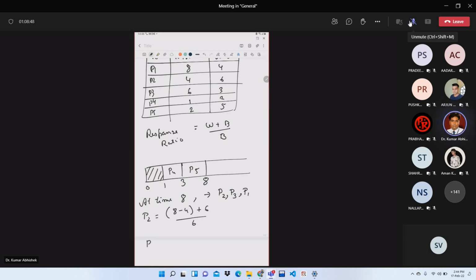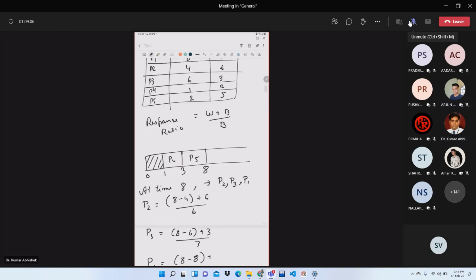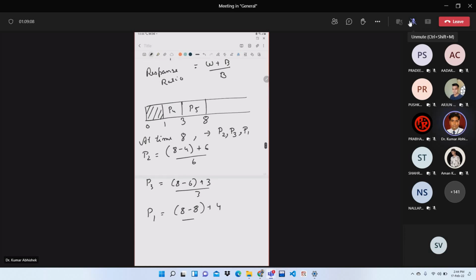Then P3: 8 minus 6 plus 3 by 3. And P1: 8 minus 8 plus 4 by 4. So this is 10 by 6, and this will be 5 by 3.